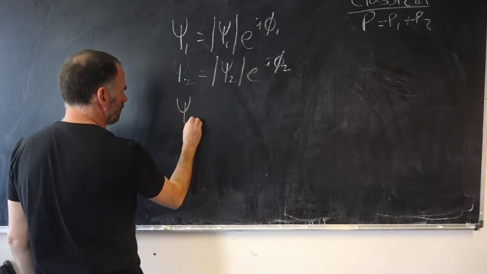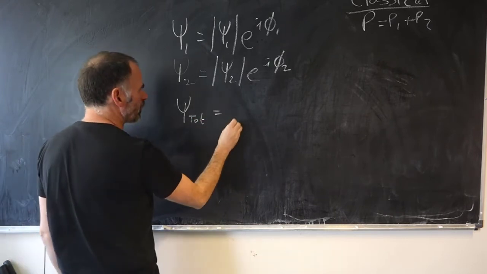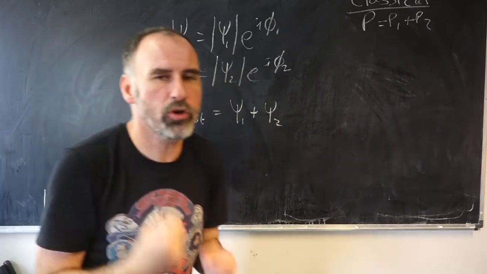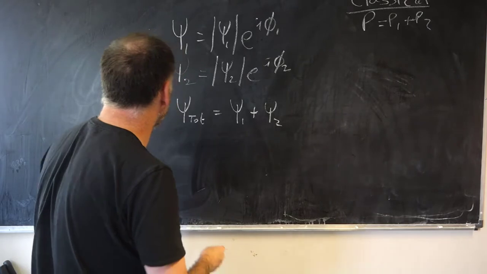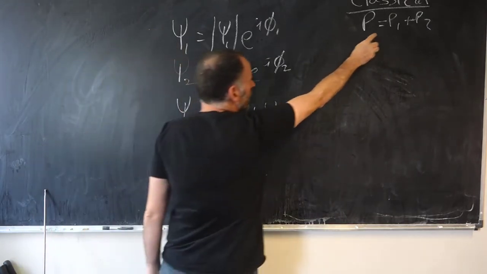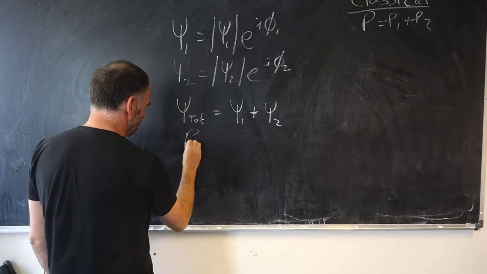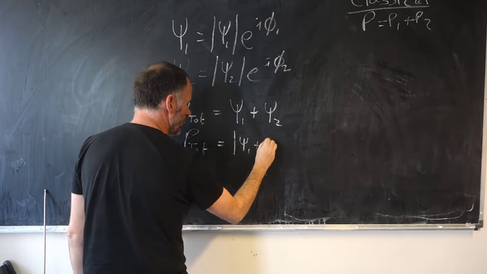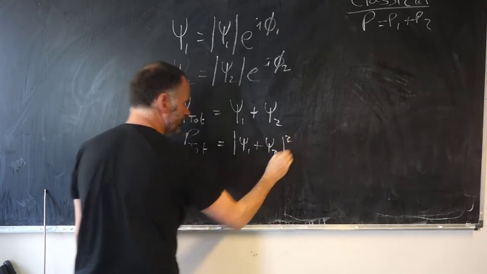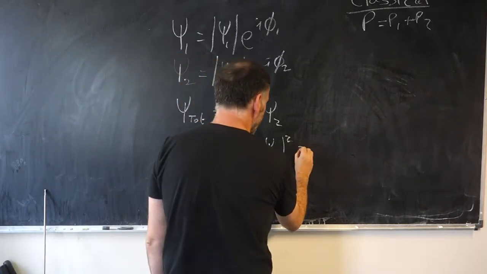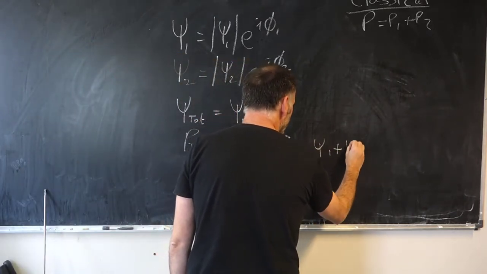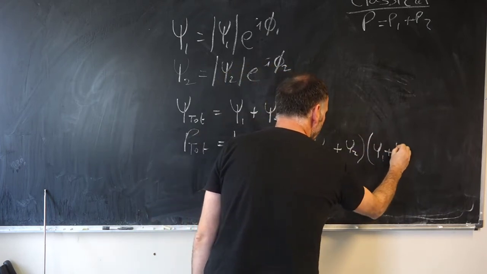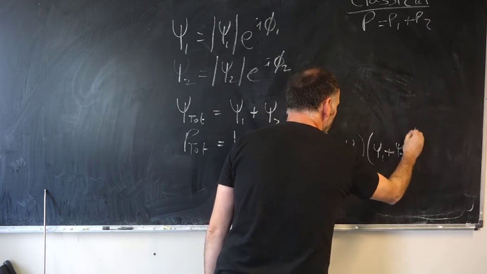Our total probability amplitude is psi1 plus psi2. Remember, that's still complex valued. How are we going to get our total probabilities out? Well, you know how to do this. What we're going to have in terms of a total probability, in contrast with the classical probability, is P total equals the modulus squared of psi1 plus psi2. Or, equivalently, it equals psi1 plus psi2 multiplied by the complex conjugate of psi1 plus psi2.